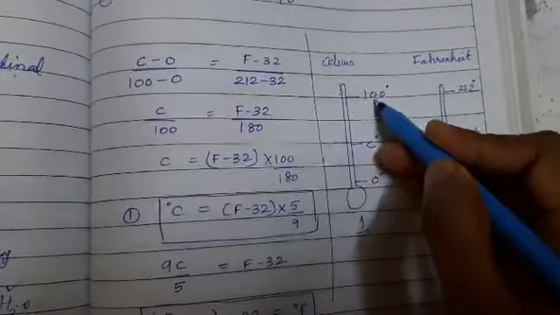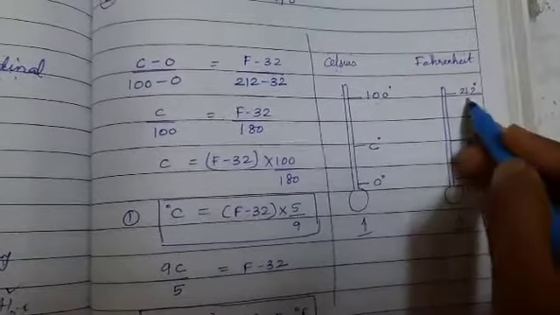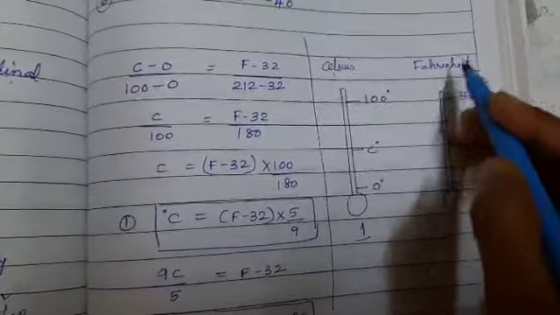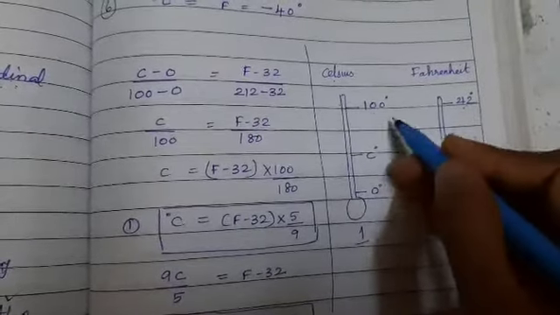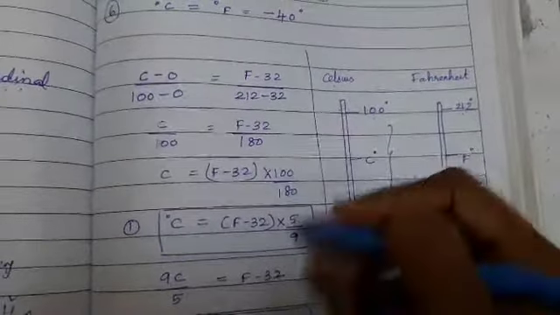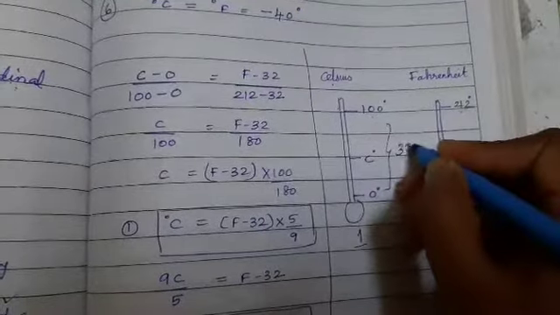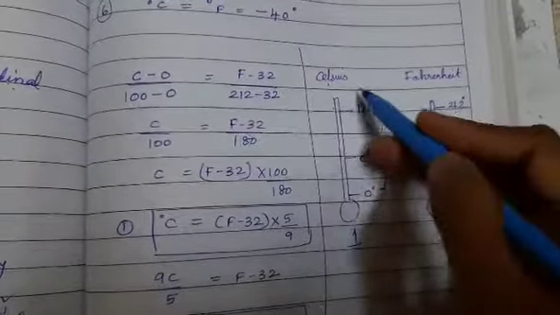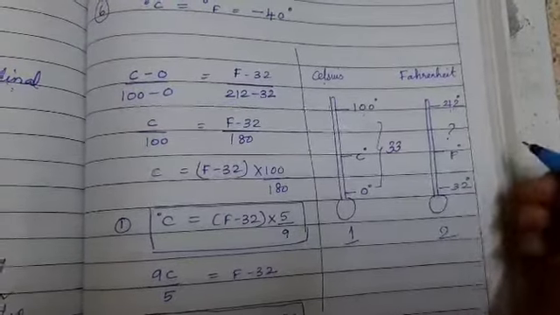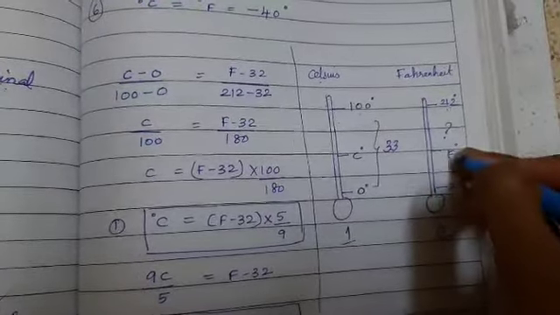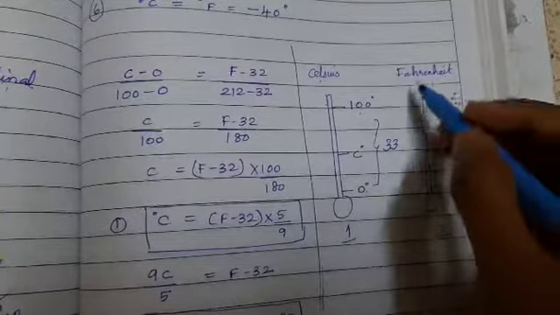If it is 100 degree in Celsius scale, it will be 212 in Fahrenheit. Okay, so in between 0 and 100, if I am given a temperature like 33 degree in Celsius scale, I should calculate the equivalent temperature in Fahrenheit scale.